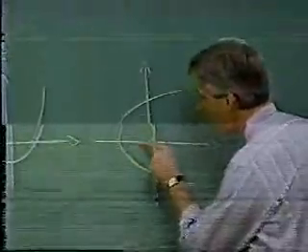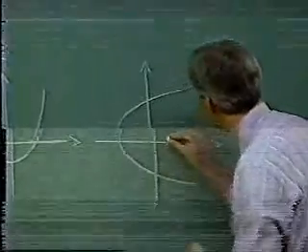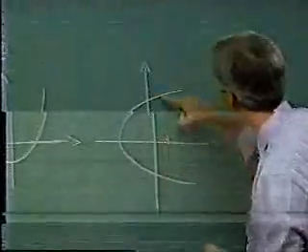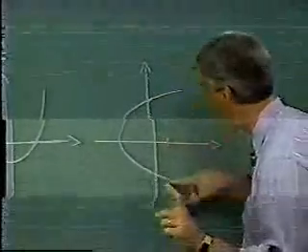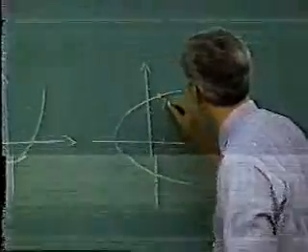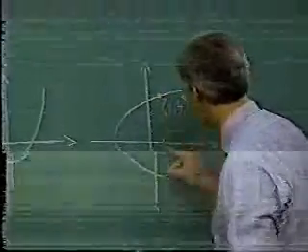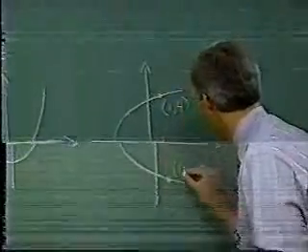For a value of x such as, let's say, this one, there is a y value that describes this point on the graph and also describes this point on the graph. That is, let's say that this point is the point (1, 4) and this is the point (1, -4).